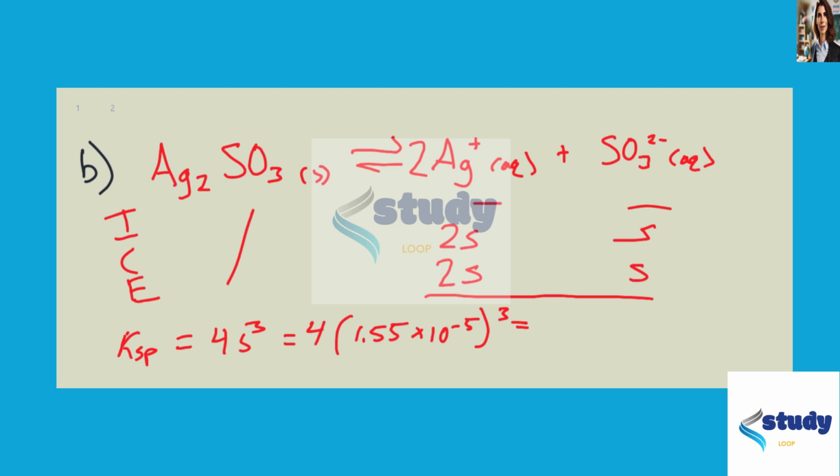And when we do this calculation, we get a value of 1.49 times 10 to the minus 14.